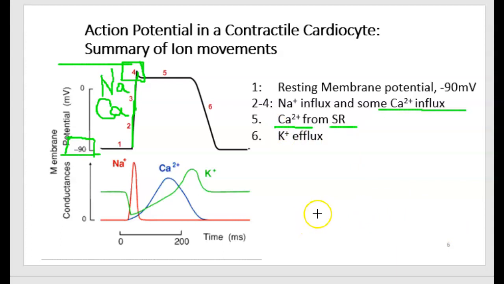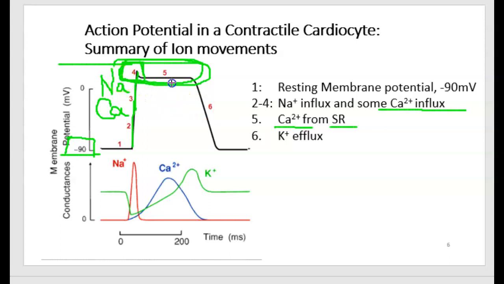So now calcium is going to flood the cytoplasm of the muscle cell. And so that makes the inside of the muscle cell, or the cytoplasm anyway, stay positive for a longer period of time. And you know we need that calcium for maximum numbers of cross bridges to form as well.